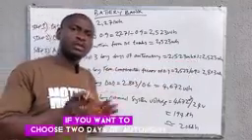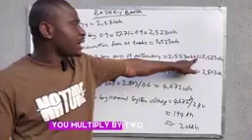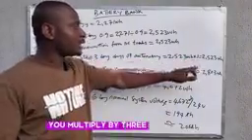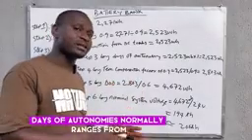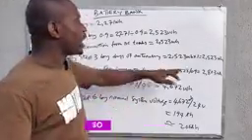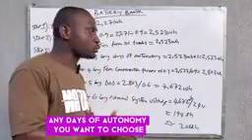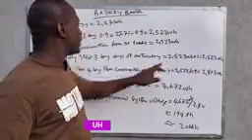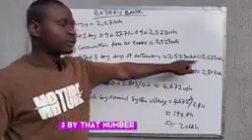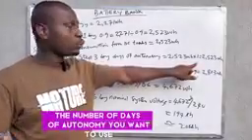If you want to choose 2 days of autonomy, you multiply by 2. If you want to choose 3 days of autonomy, you multiply by 3. Days of autonomy normally ranges from 1 to 3 days. So any days of autonomy you want to choose, you multiply step 3 by the number of days of autonomy you want to use.